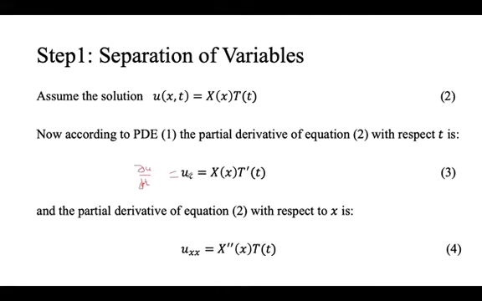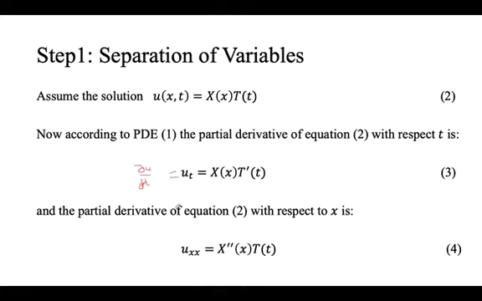So when you take u subscript t as the partial derivative of u with respect to t, we give a dash sign here on the T and write the equation.